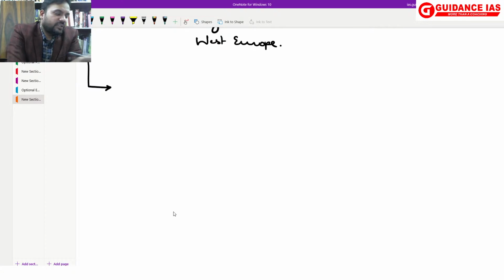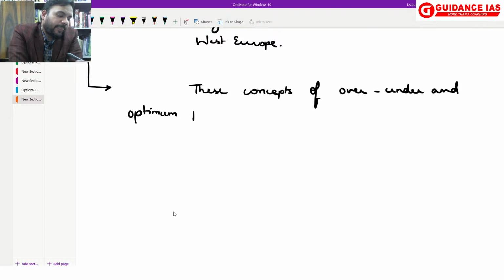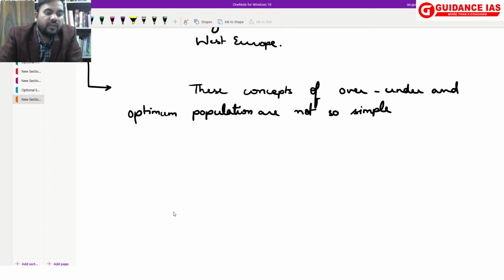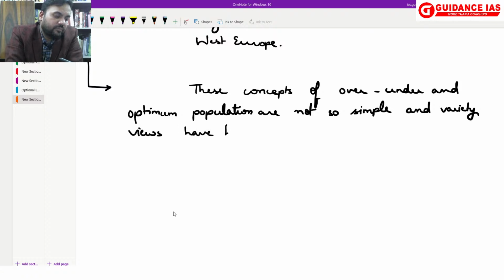And what is that second aspect? I would say that these concepts of over, under and optimum population are not so simple, and variety of views have been expressed about them.